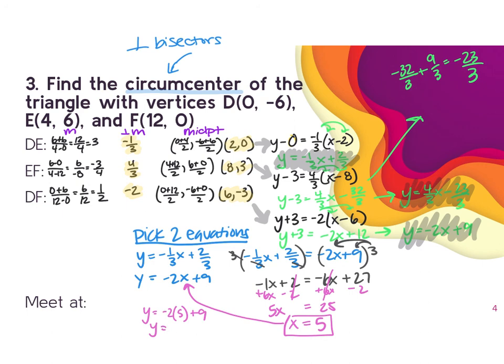Negative 10 plus 9 is negative 1. Now we have our x and our y, so we can write it as an ordered pair. 5, negative 1. Again, we started by finding our equations. We picked 2 of them, set them equal to each other, solve for x, then substitute x in to solve for y, and you got your final answer of an ordered pair.